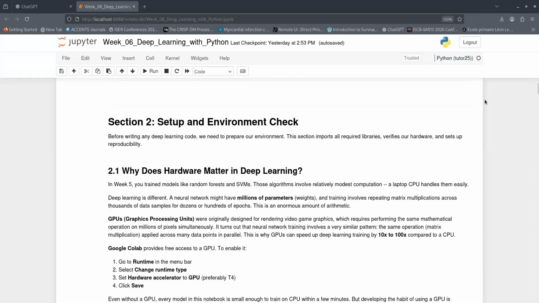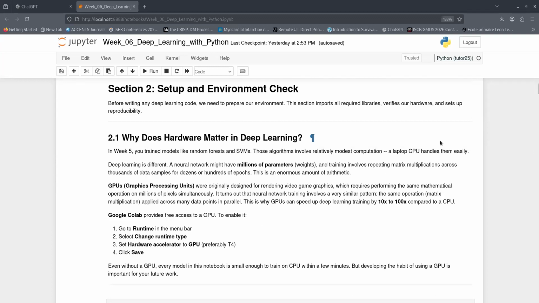So now let us start by setting up our environment. There is some explanation before going to set up and check the environment.